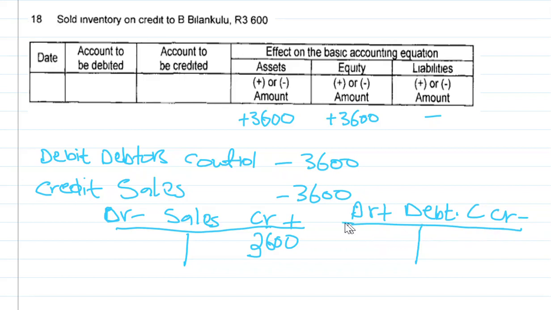Now you are going to record 3,600 on the debit side because the assets are increasing. We're going to write sales, write debtors control there. Then you are done with the account section, and you are done with this transaction.